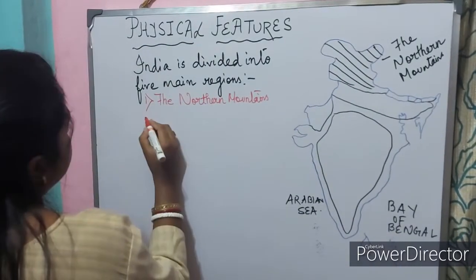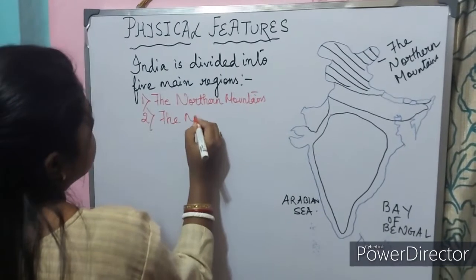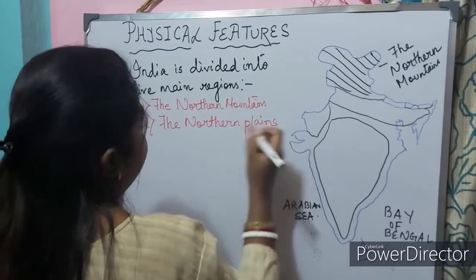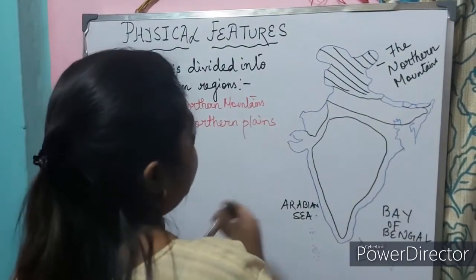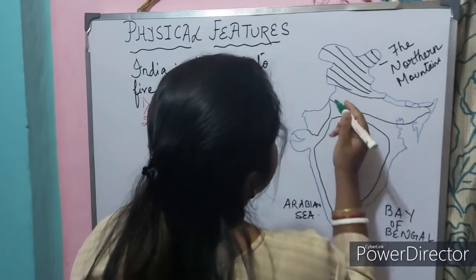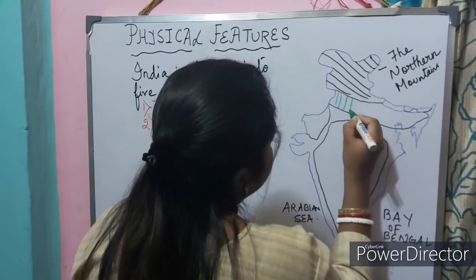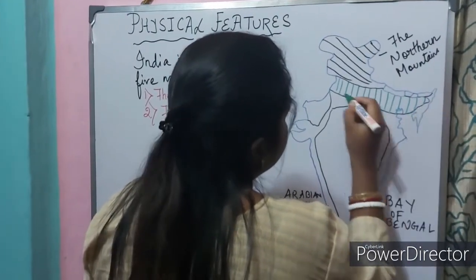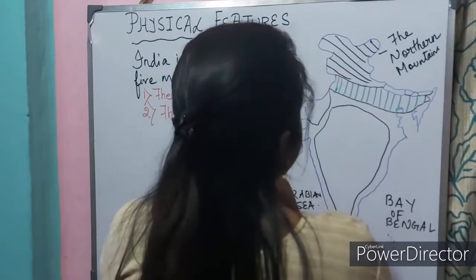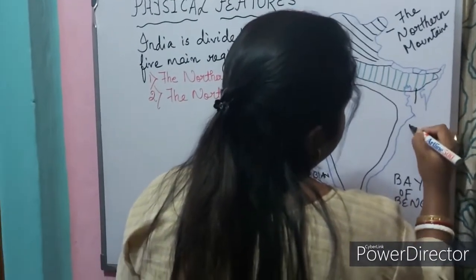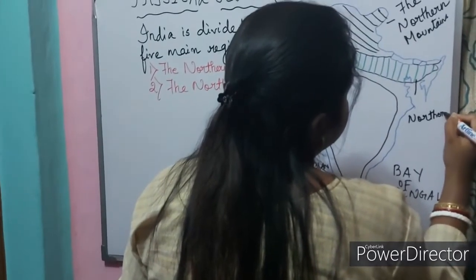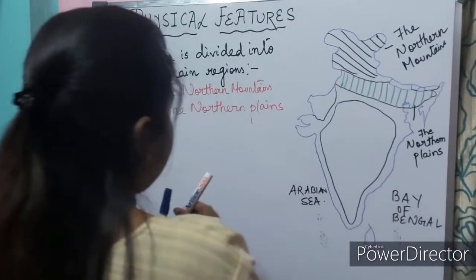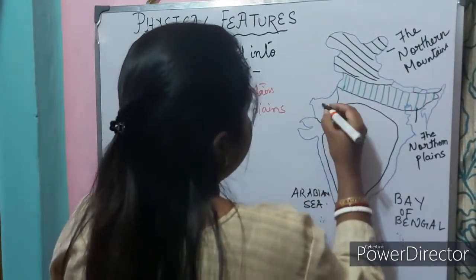Number 2, the northern plains, which are the most fertile land. I hope all of you remember, we read it in the last chapter. So, this is my northern plains. Here we can see this portion.